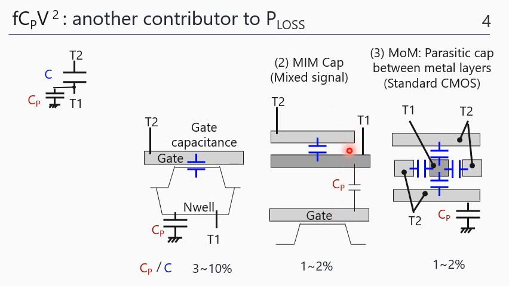A MIM capacitor is nominally fabricated using the top two metal layers, meaning the bottom plate is placed very far from the substrate or gate. Similarly, the MOM capacitor has a smaller parasitic capacitance, with a capacitor ratio of about 1 to 2%.